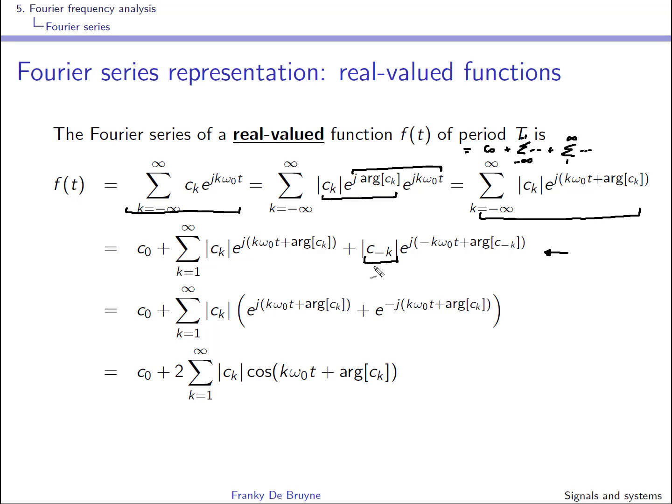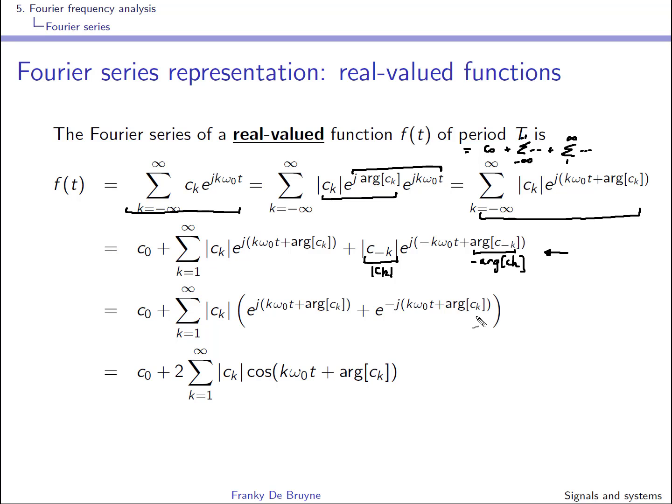This is equal to the modulus of ck, and this is equal to minus the argument of ck. This is because the function is real valued, so you know that the magnitude line spectrum is even and the phase line spectrum is uneven.